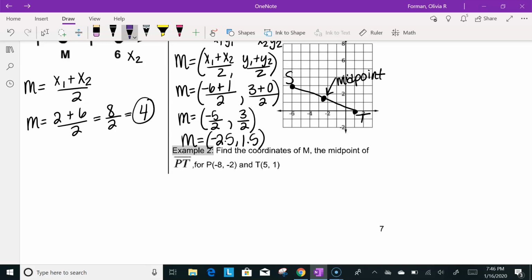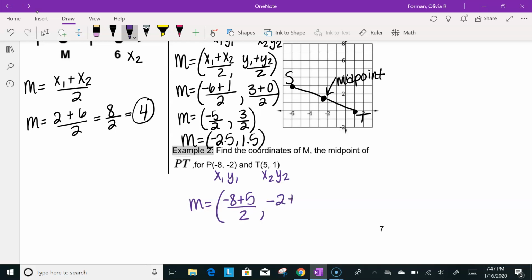Okay, here's our last one. Example 2: find the coordinates of M, the midpoint of segment PT, for P, which is at negative 8, negative 2, and T, which is at 5, 1. For my midpoint, I add up the x's, negative 8 plus 5, and divide by 2.